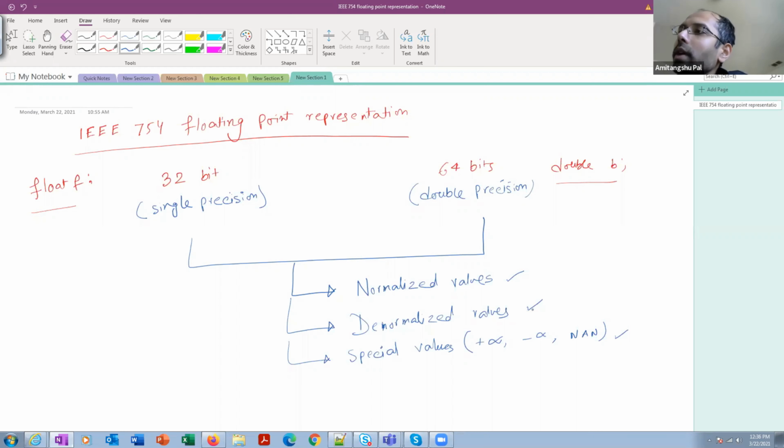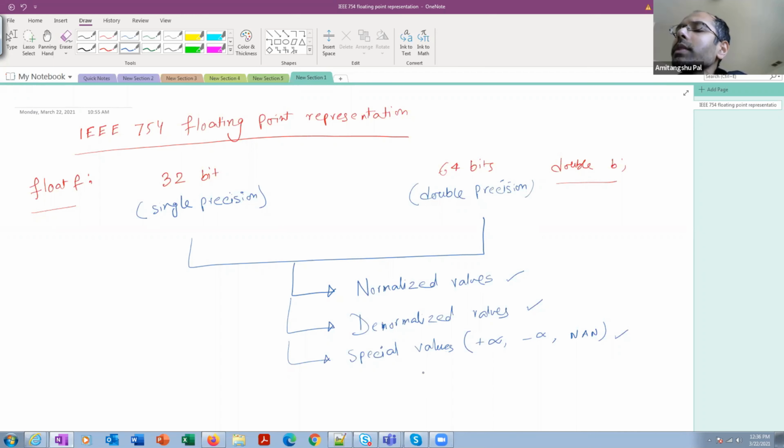And all the other values are represented using normalized mode. Okay. So typically, most of the floating point numbers are represented using normalized mode. The numbers that are 0 or very close to zero are represented using denormalized mode. And the special values like plus infinity, minus infinity, not a number, which are basically square root of minus 1, 0 by 0, all these things are represented using special values.